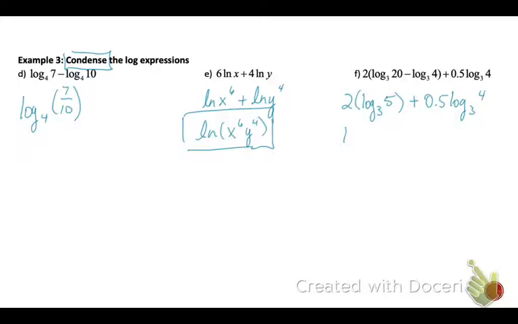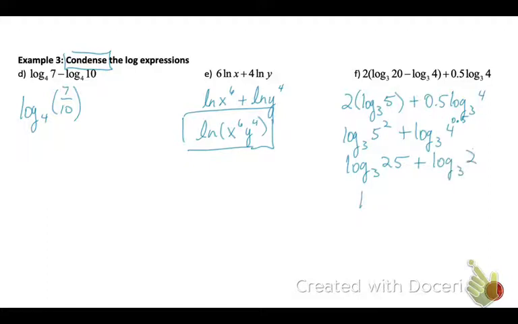Now I notice I have multipliers out front of both of those logarithms, so I'm going to rewrite those multipliers as powers. So log base 3 of 5 squared plus log base 3 of 4 to the 0.5, or 1/2 power. I'm going to go ahead and just do the math there. So 5 squared is 25, and 4 to the 1/2 power is 2.